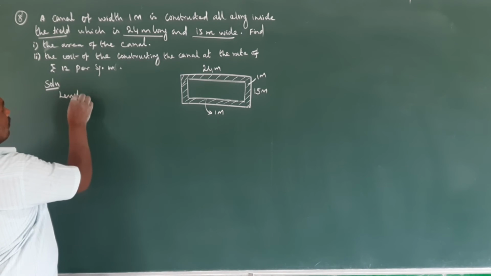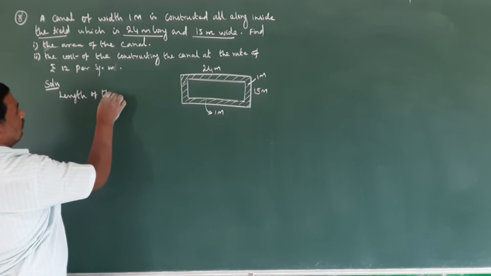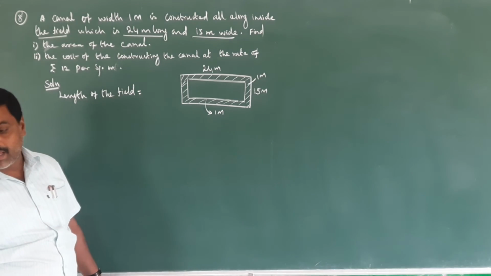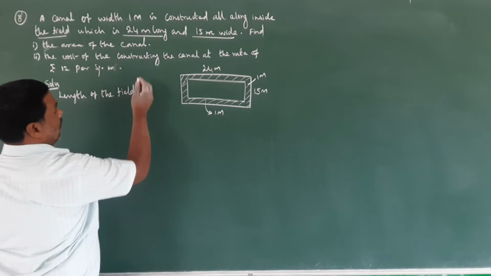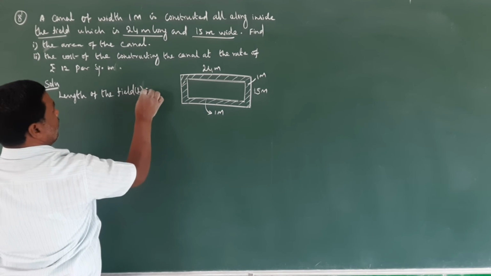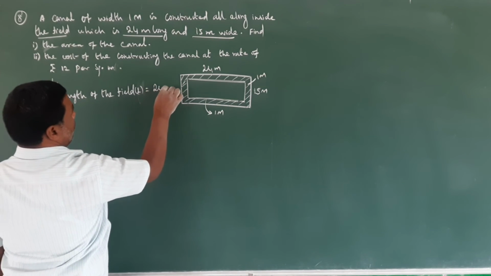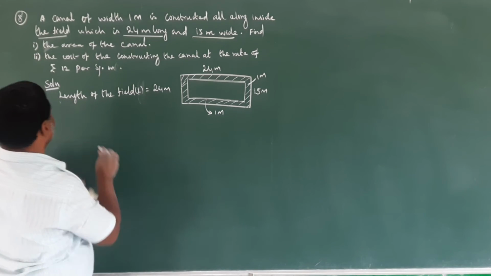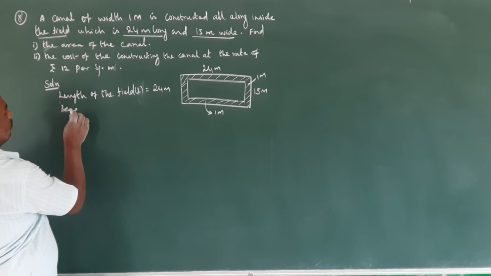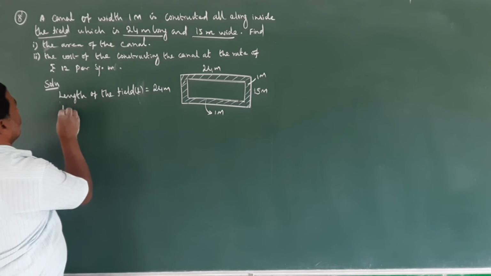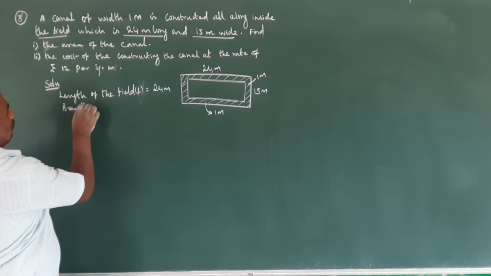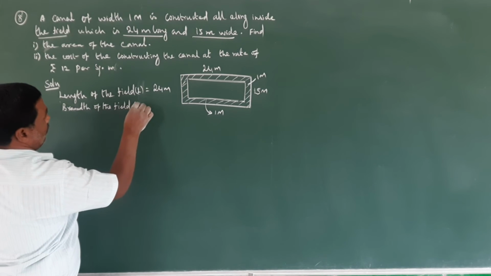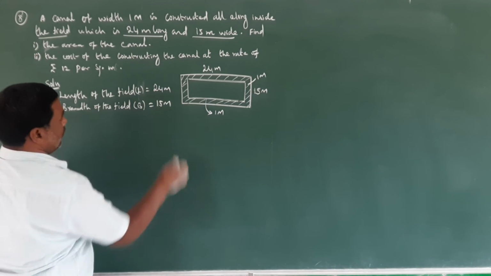Length of the field, capital L, equal to 24 meter. Breadth of the field, capital B, equal to 15 meter.